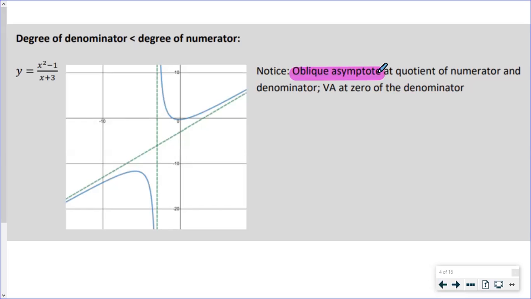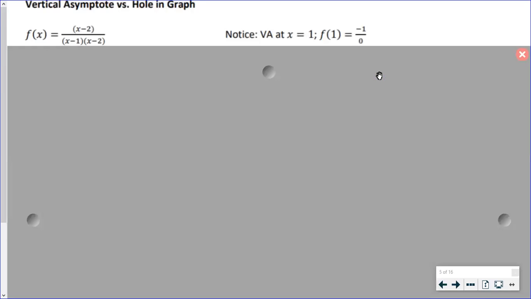Now that we've discussed some vertical and horizontal asymptotes, let's reach back and clarify the difference between a vertical asymptote versus a hole in the graph. And I'm actually going to touch upon a concept we learned in Module 1 with limits. Okay, so usually you are never given an equation fully factored.